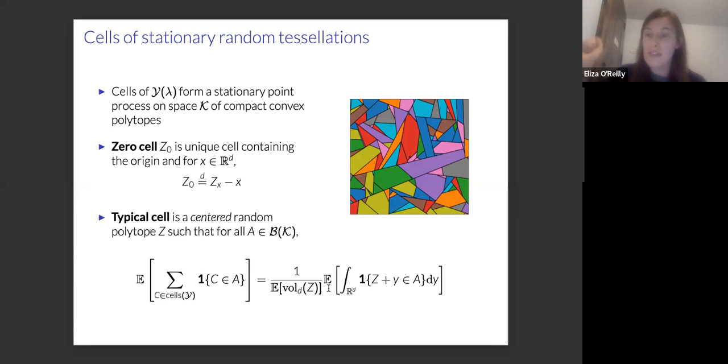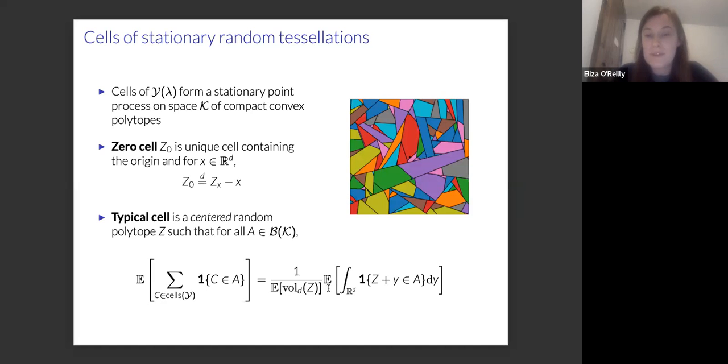Then the distribution of that cell as the ball grows to infinity approaches the distribution of the typical cell. You can also think about it this way: if you're familiar with point process theory, you can look at the centers of all of the cells, which form a point process in R^d. And the typical cell is the distribution of the zero cell of the partition conditioned on one of those centers being at the origin.